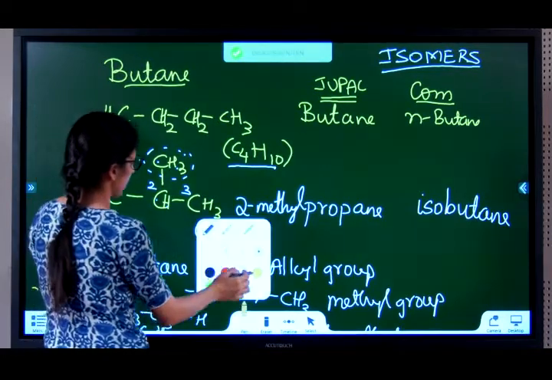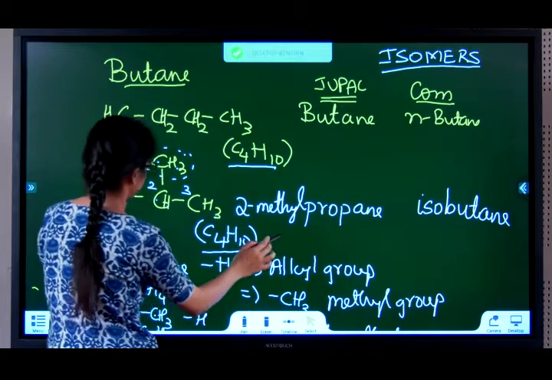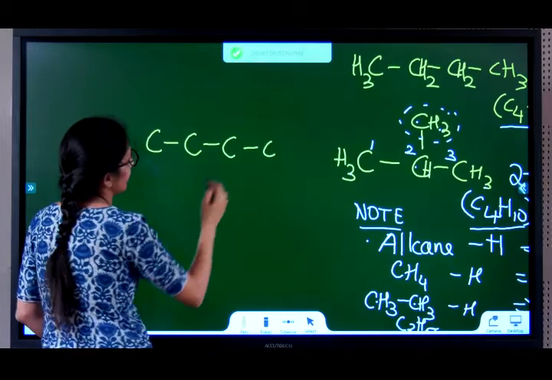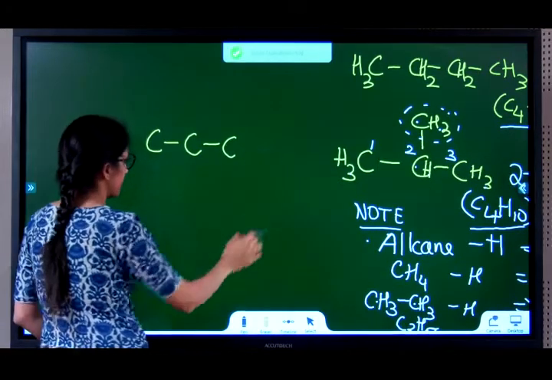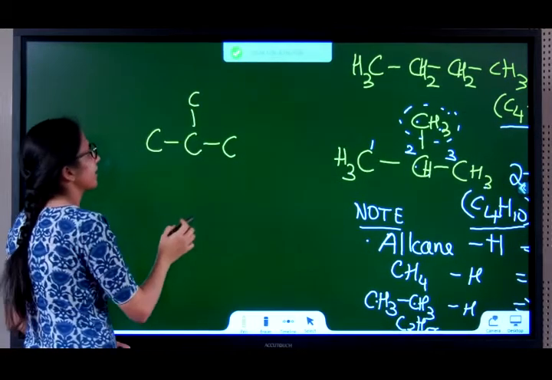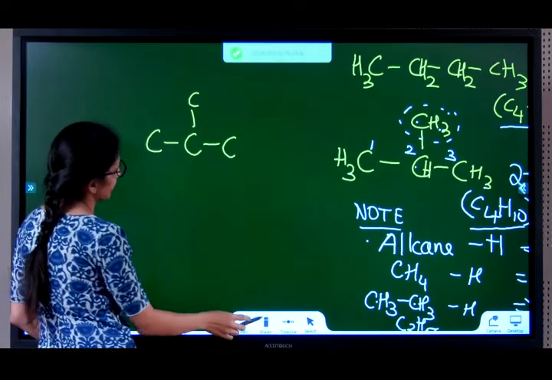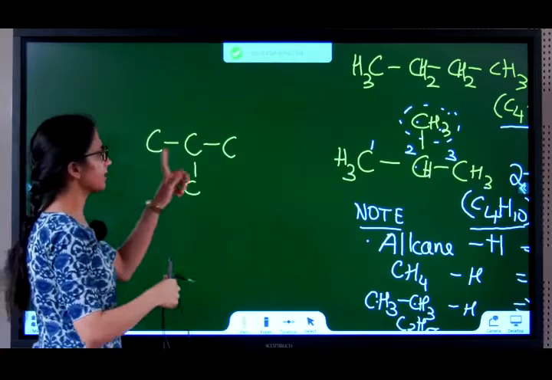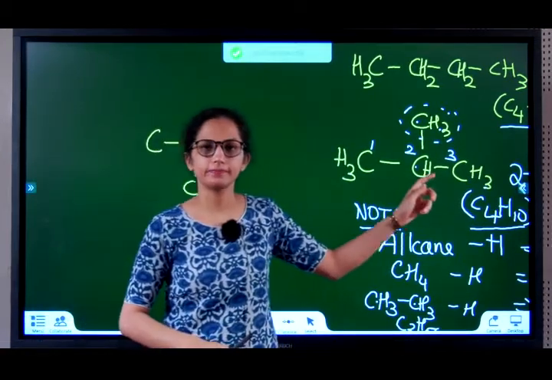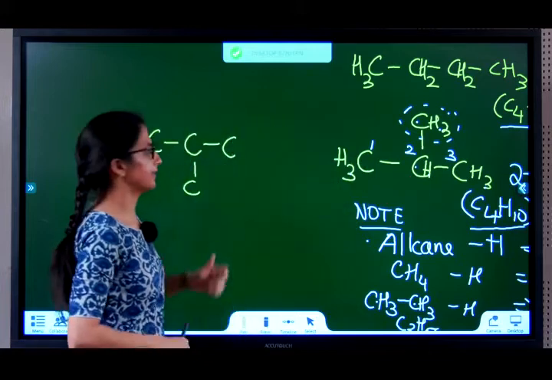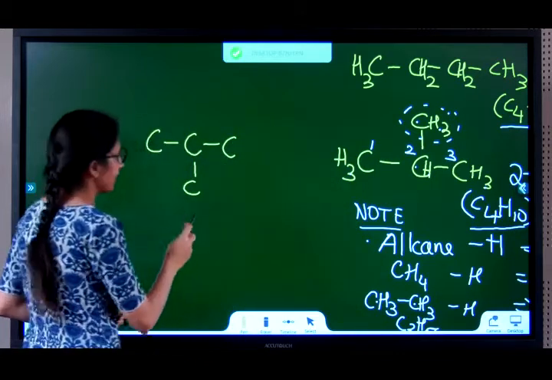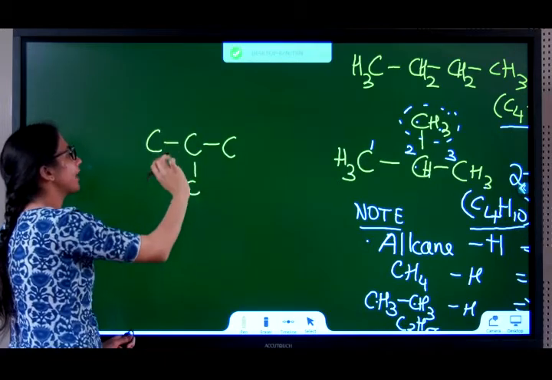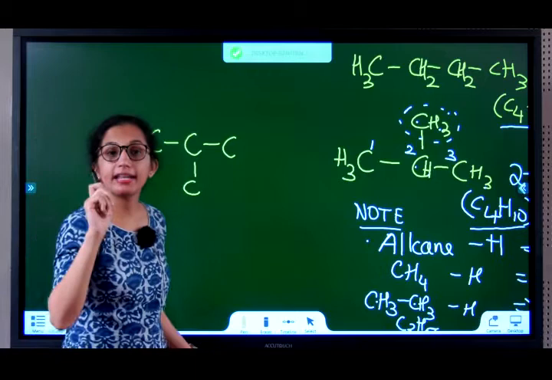Before we go there, I have a small question for you all. We took this carbon and put it on top. If I take this carbon and instead of putting it on top, I put it down, is this different or is it the same? If you are able to turn around the branch and get back the same compound, then it is the same.